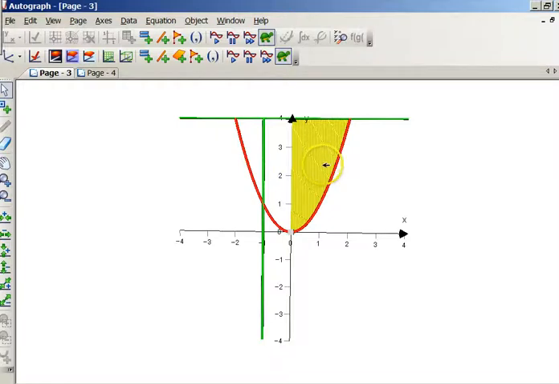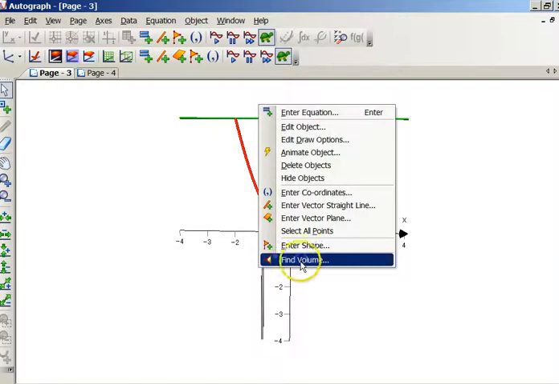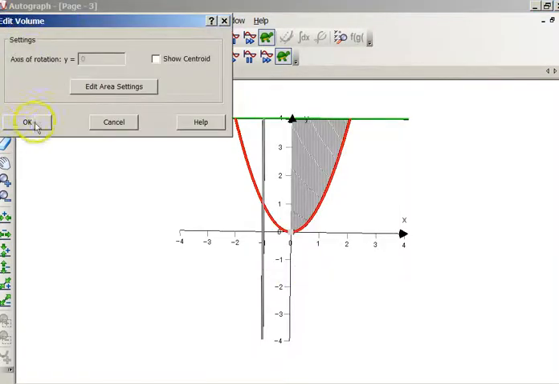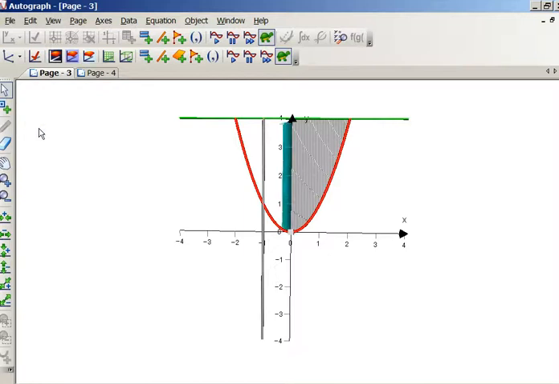Now we're going to take that region, and this time we're going to revolve it not around the y-axis, but around the line x equals -1. So let me do that for you so you can see what this region looks like after we revolve it. Here comes the volume.